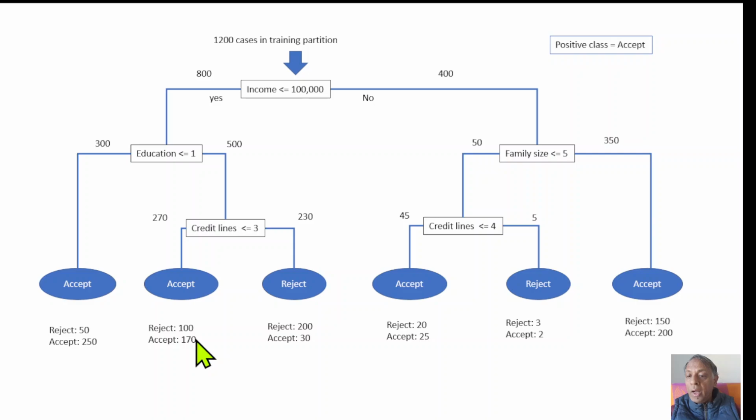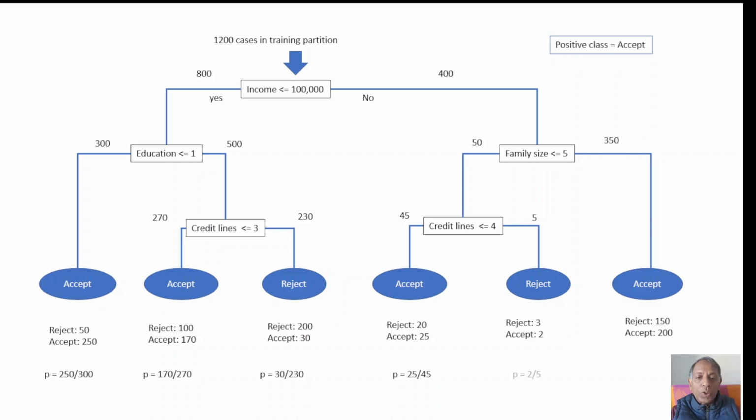Okay, here accept kind of predominates over reject, 170 to 100, and here reject predominates, and here they are almost equal but small sample. Here also they are almost equal, small sample, and here it's kind of marginal. Okay, so we are good. These three nodes are all very good, but these three nodes are kind of iffy.